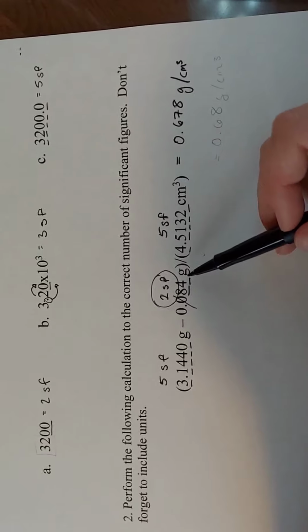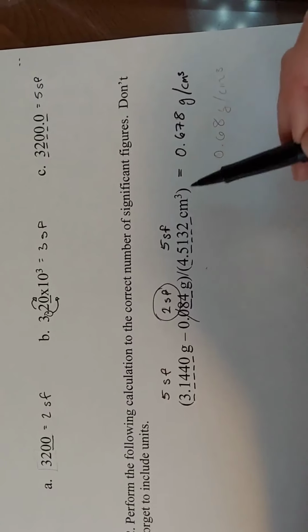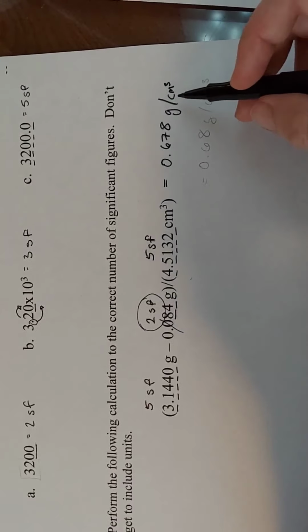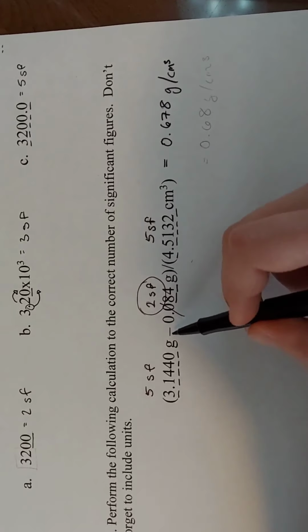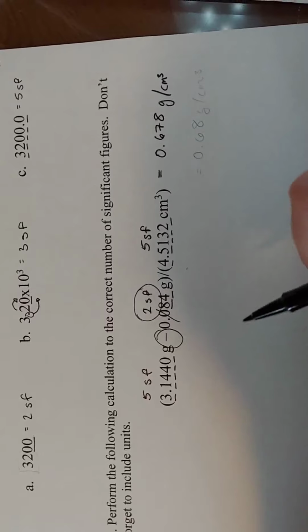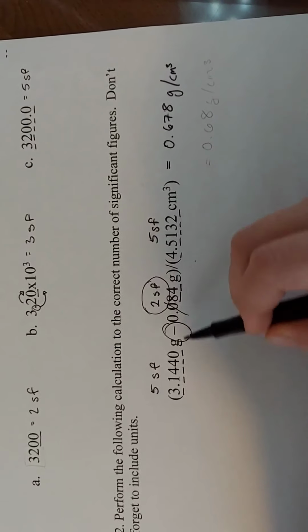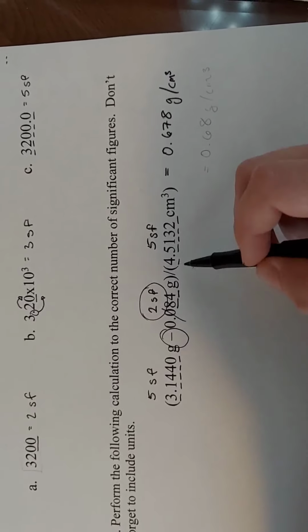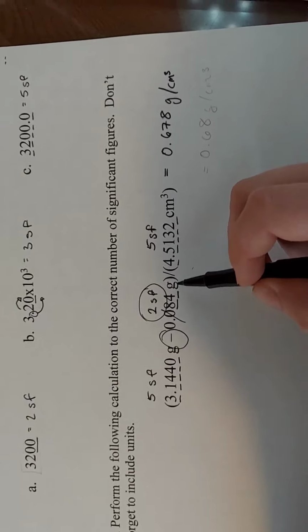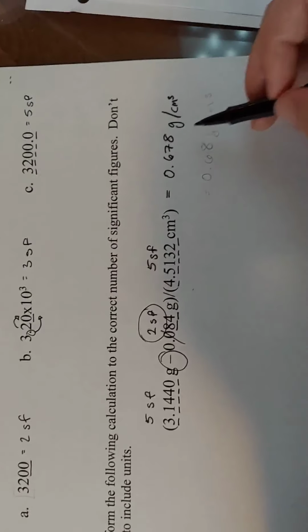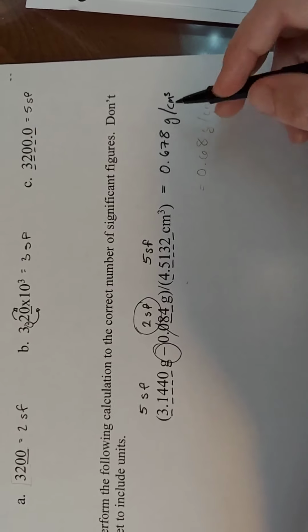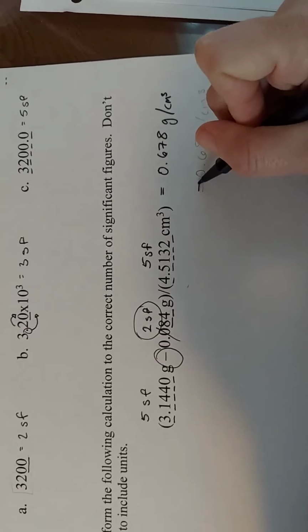Also, we have the grams and the centimeters cubed. Grams do not cancel out because it's only a subtraction, not a division. So we keep the grams and then divide by centimeters cubed. So we keep all those units. Therefore, we're probably figuring out the density for something.